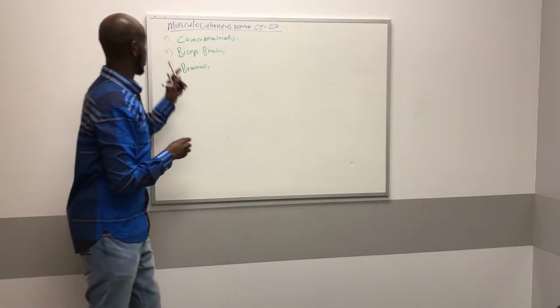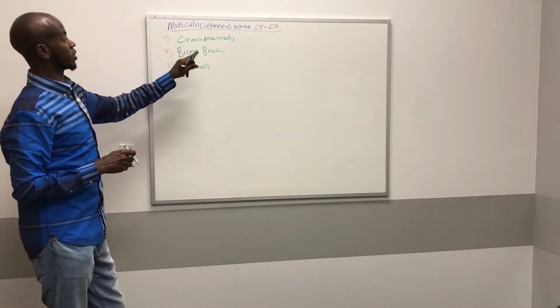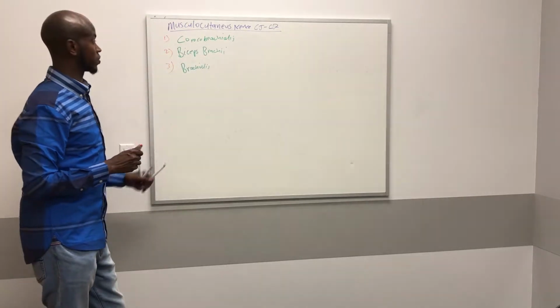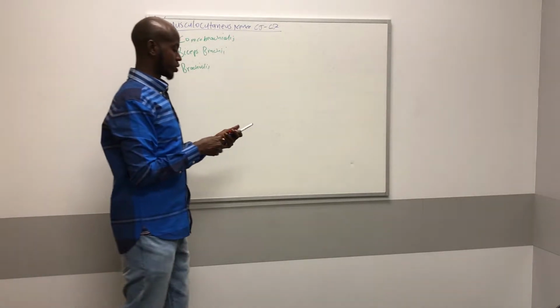This is the musculocutaneous nerve, and it supplies only these 3 muscles. So let's move to the radial nerve.